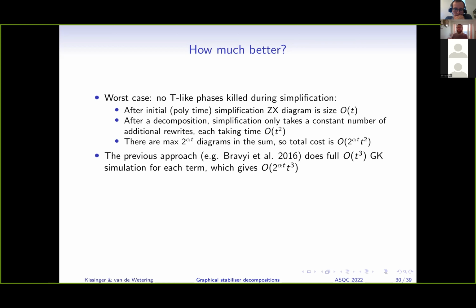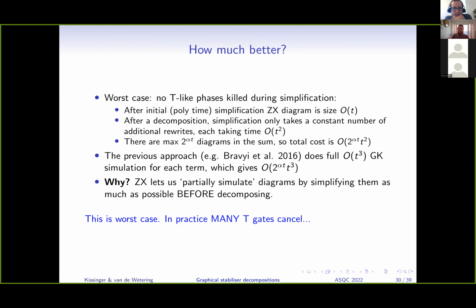If you compare this to an approach which does all of your decomposition first, and then does Gottesman-Knill at the end, which is basically a cubic thing in the number of T-gates, then this is 2 to the alpha t times t cubed. So we actually get a bit of an advantage in the asymptotics.